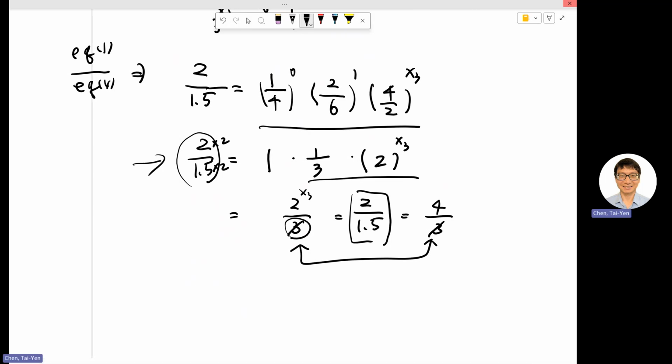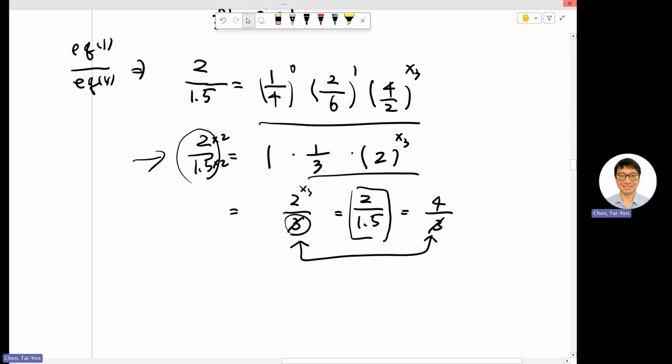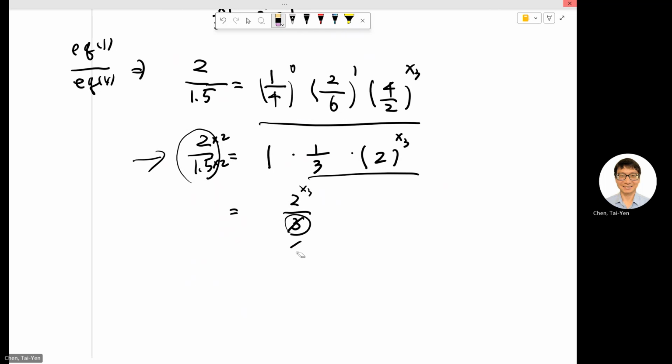Okay, so what I do next is I erase all the things. This whole term becomes this, of course 2 to the x3 power divided by 3, which is what you have on the right-hand side. And then it is going to equal 2 over 1.5 on the left-hand side. I want to remove my denominator.